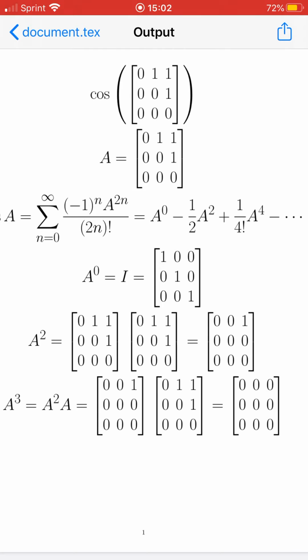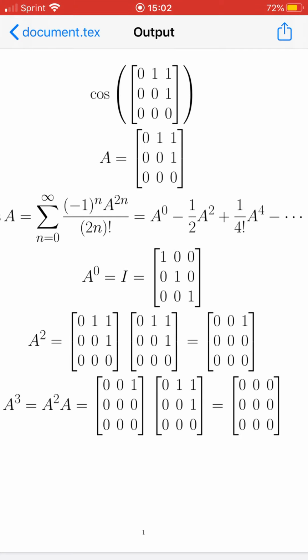And after doing the matrix multiplication, we get that a cubed is equal to the 0 matrix, all 0 elements.